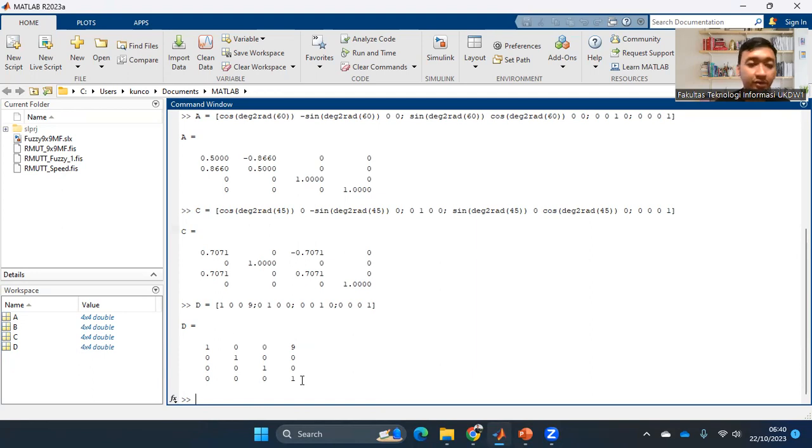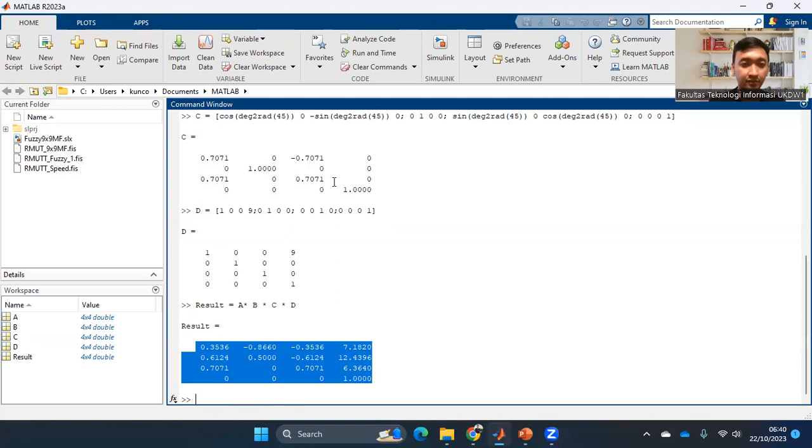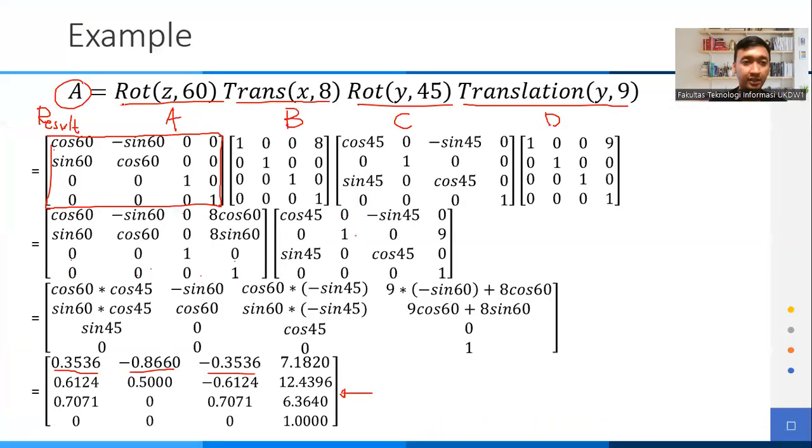After we have created the transformation matrices for this process, we can get the overall result, where result means A times B times C times D. And this is the result of our transformation matrix for our process.